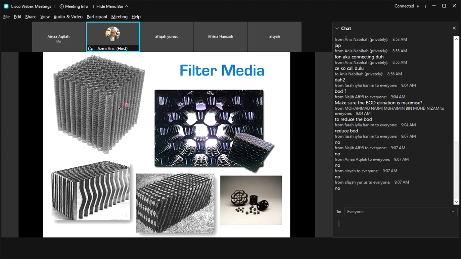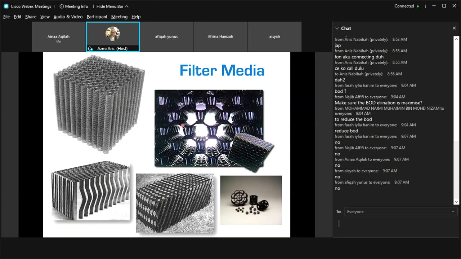It has big openings and different types of design to increase the surface area of the media so that more bacteria can grow on the media. The openings are big to avoid choking of the wastewater or blockage of the media, and also for good ventilation, or air ventilation, for the system.